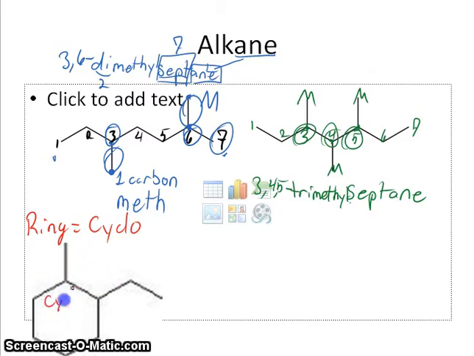So cyclo, and then you count how many carbons there are: 1, 2, 3, 4, 5, 6. So we're going to use cyclohexane. Alright.